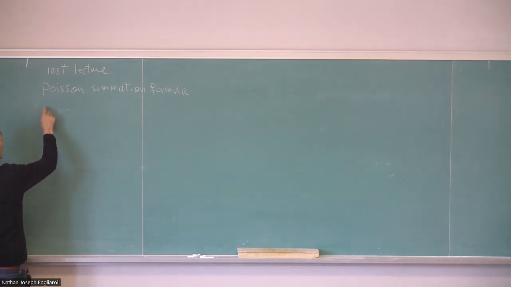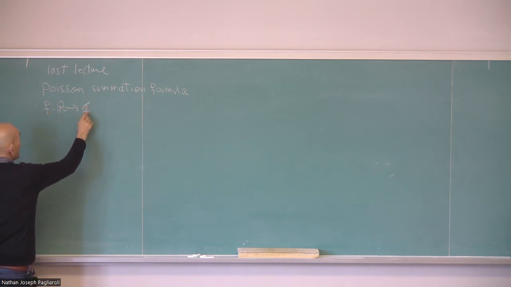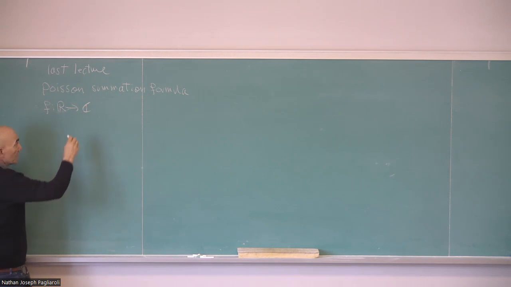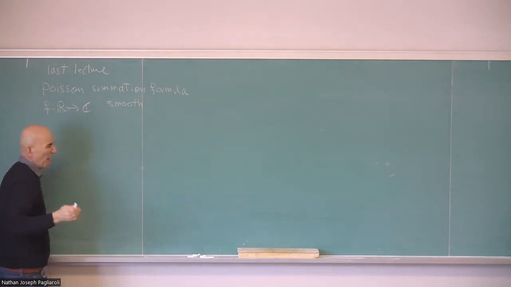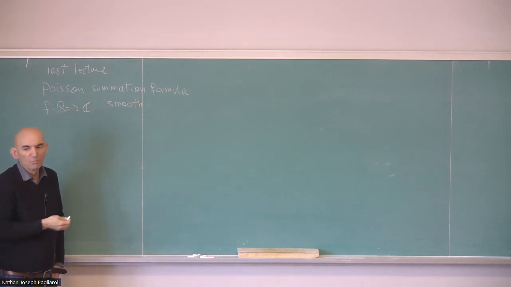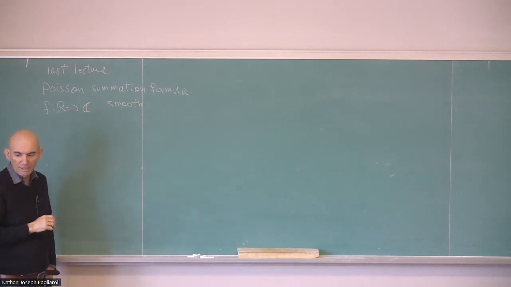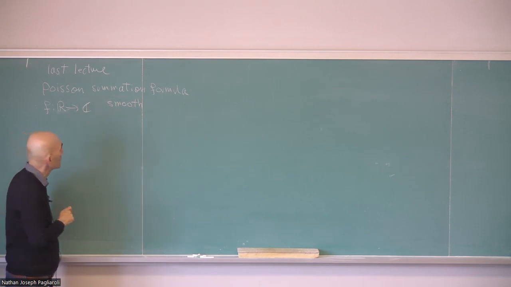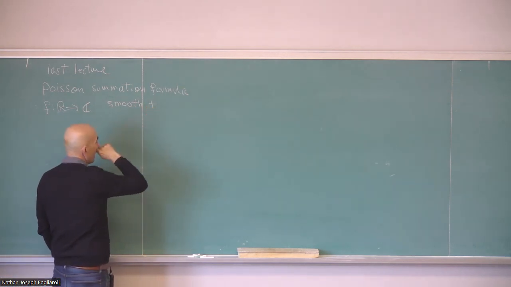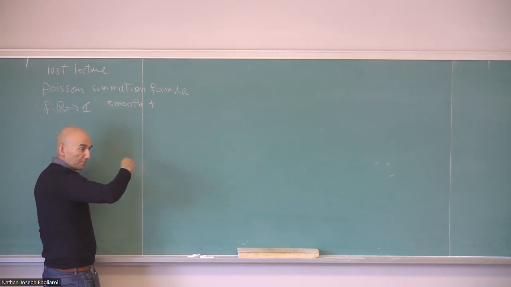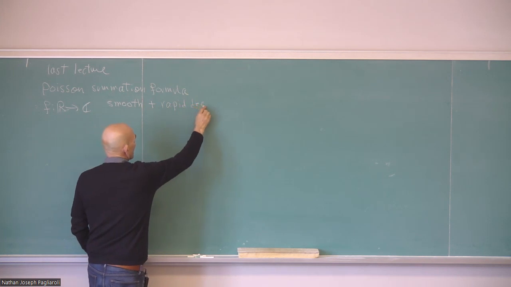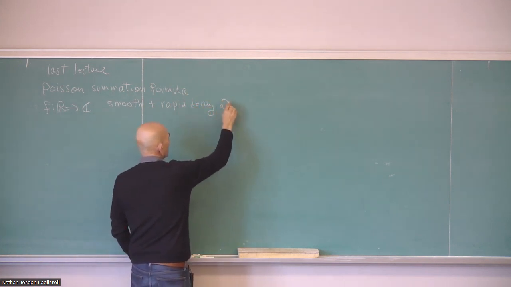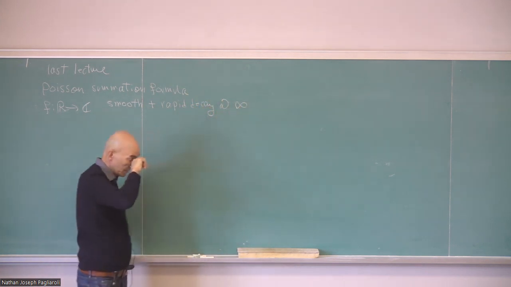So basically, it says that if you have a function f from the real line to the complex numbers, which is smooth. Smooth means I think C1 is enough, at most C2, but we can assume C infinity because we only apply it to this case. And there is also rapid decay at plus minus infinity.